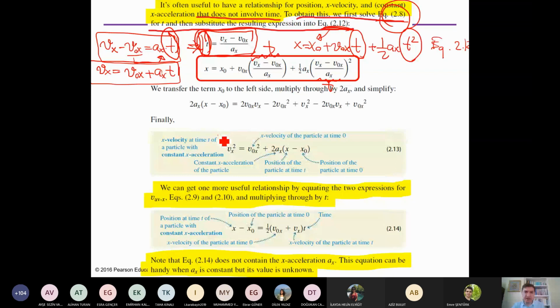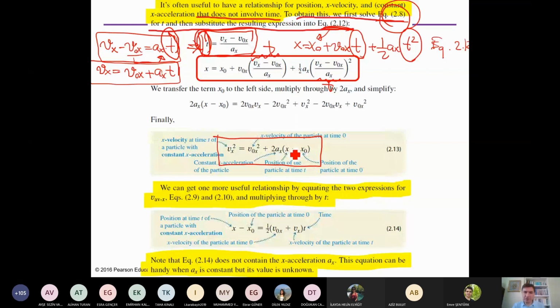Square of vx, final velocity, equals square of v0x, initial velocity when the time is 0, plus 2ax, constant acceleration of the particle, times final position minus initial position when the time is 0.